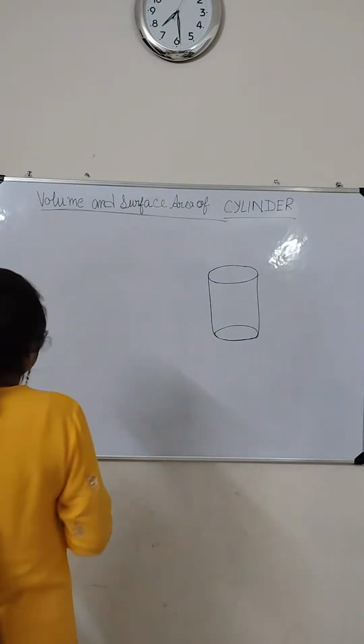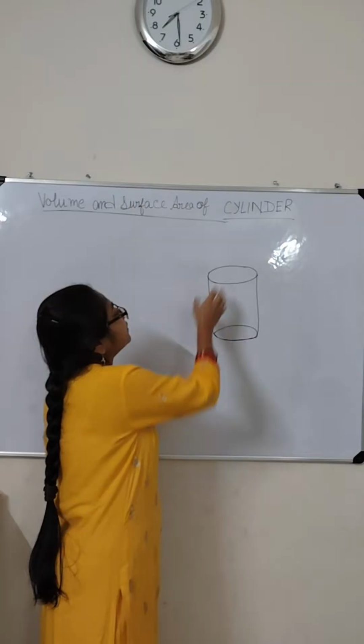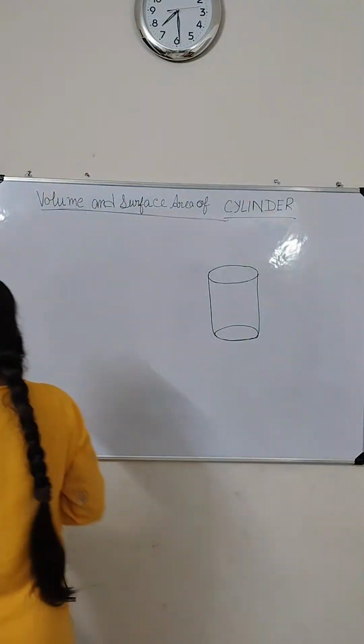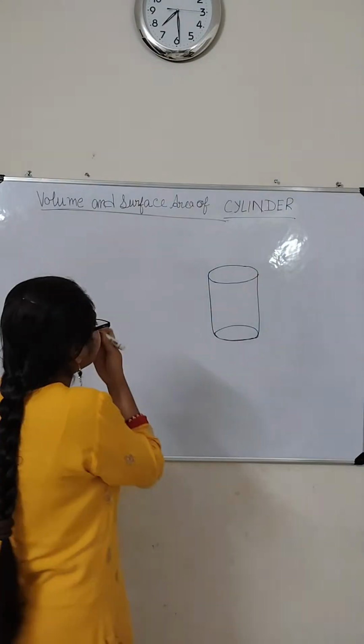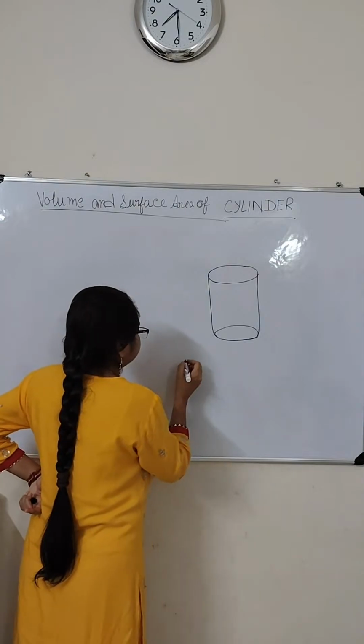Now, next question: how many faces does a cylindrical shape have? If you take a cross section, you can find a circle part. Two circle parts are there. So how can I write this?